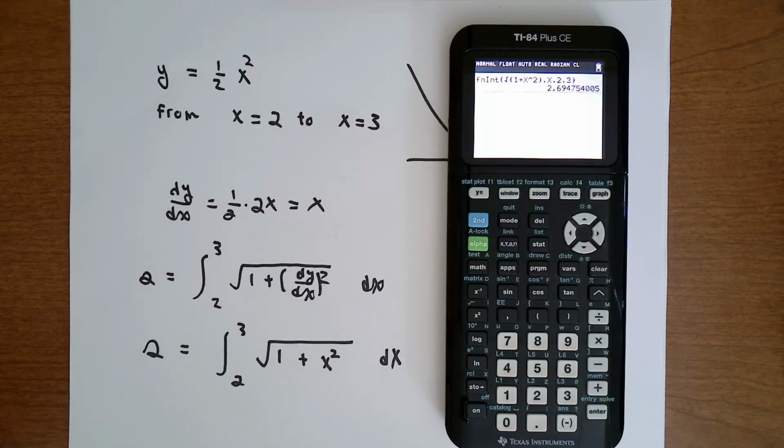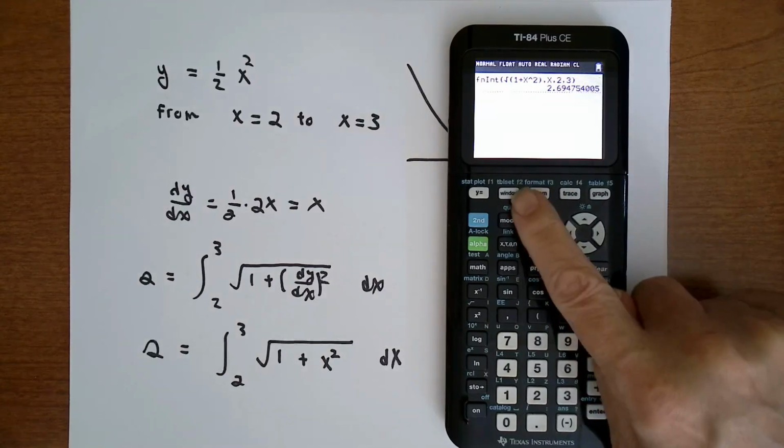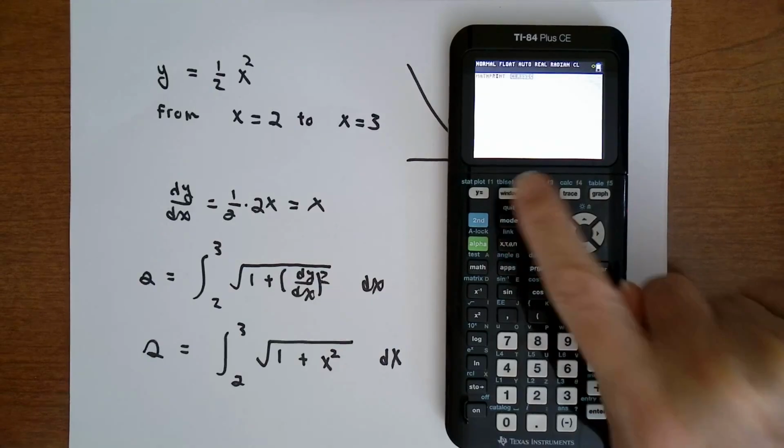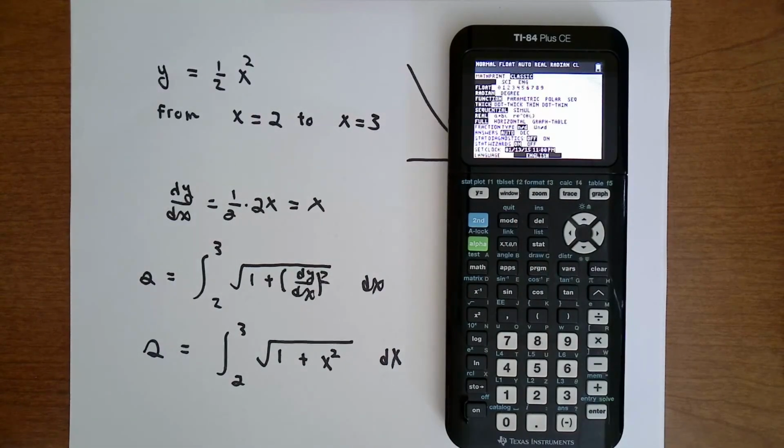If you have an older style calculator, this is the syntax that you'll have to use. If you have a newer one, I want to demonstrate that one too. So I'm going to push mode here. On this calculator, up at the very top, it says math print as opposed to classic.